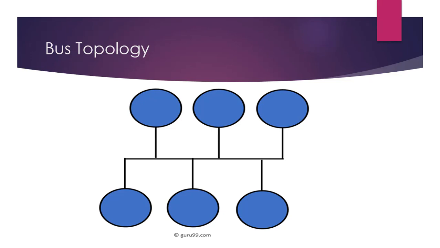So computers on the bus only listen to the data being sent. They are not responsible for moving the data from one computer to another. Or you can say we cannot have concurrent communication between two computers. It is feasible only for small networks because all the data has to travel through the backbone.